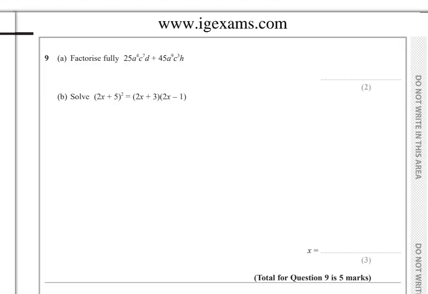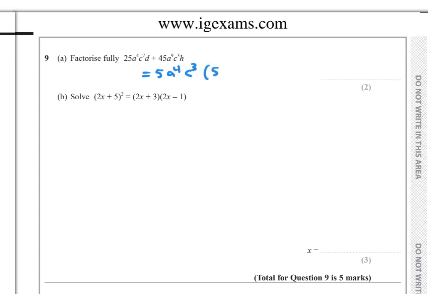Number 9a, factorize 25a power 4 c power 7 d plus 45a power 9 c power 3 h. 25 and 45, so we have 5 common. a power 4 and a power 9, so a power 4. c power 7 and c power 3, so c power 3. d not common, h not common, so bracket.